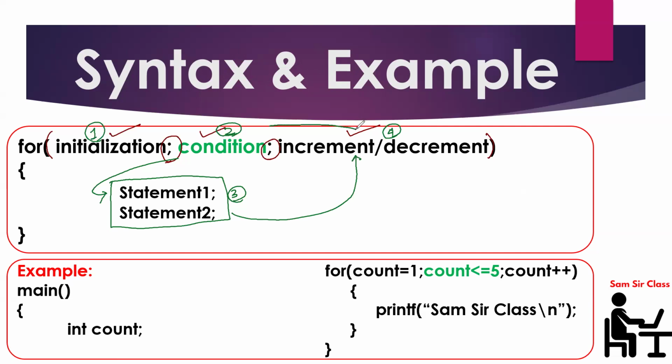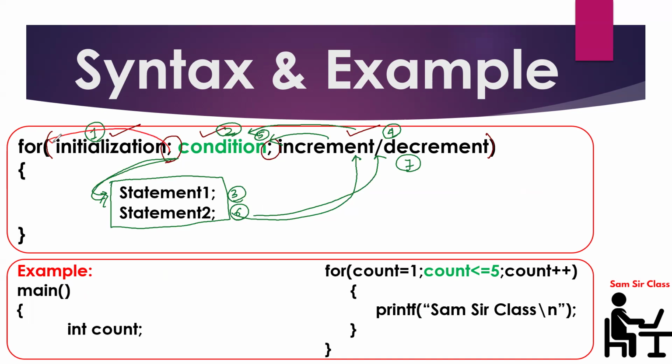After that, again the control will go to check the condition. After checking the condition, if the condition remains true, the control will again enter and execute the statements present inside the for block. After that, again the control will move to the increment decrement section and then the condition. So the very important part is the initialization part.